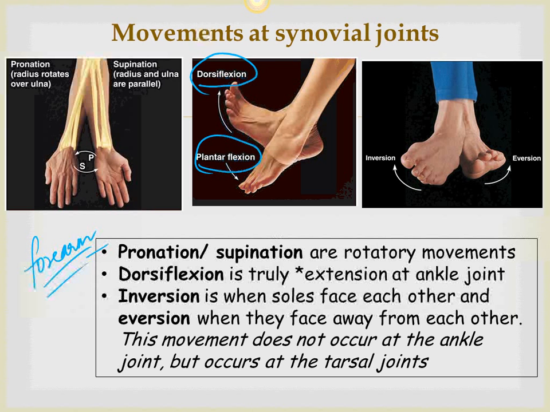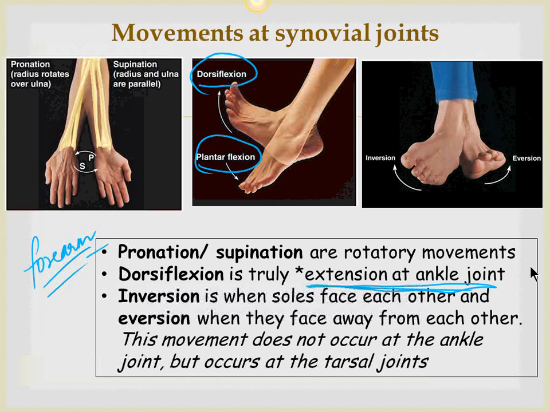And one way you're going to remember it, because this will help you when you do muscles, dorsiflexion is truly extension at the ankle joint. And right at the beginning in the introductory lecture, I told you how the limbs actually twisted. And so with the results from the knee downwards, you find that the ventral surface actually went to the back.